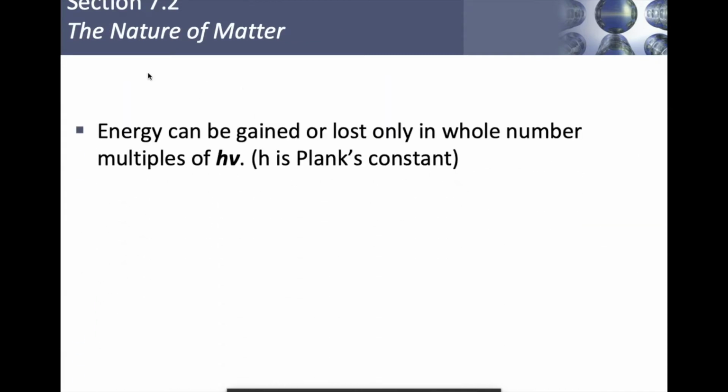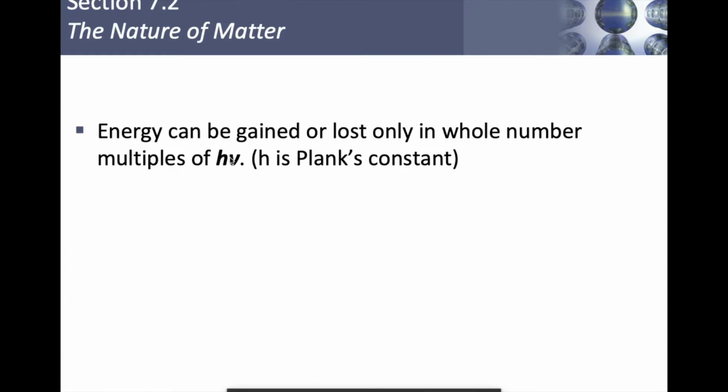Right, so the nature of matter, 7.2. Energy can be gained or lost only in whole number multiples. So we're going to talk about what this means, but multiples of hν are really what we're talking about here. H is a constant called Planck's constant.